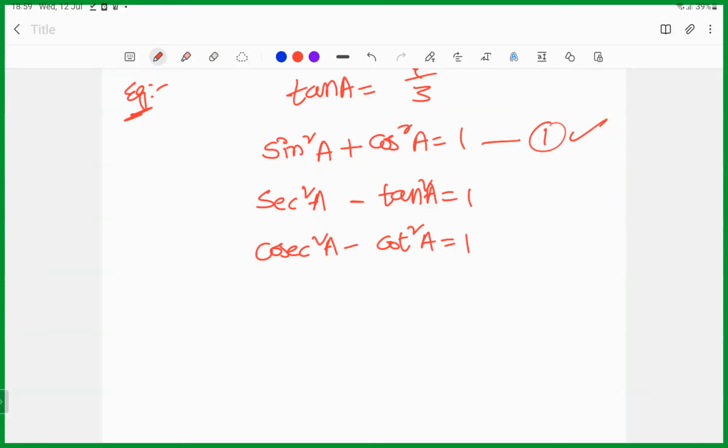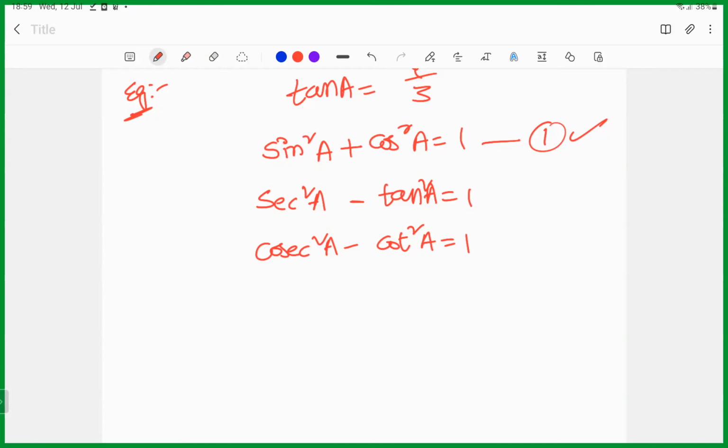Can you say it? Can you show it to me? Is that right? Show it to me. 5K is hypotenuse.